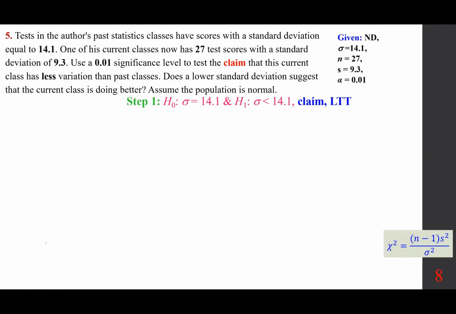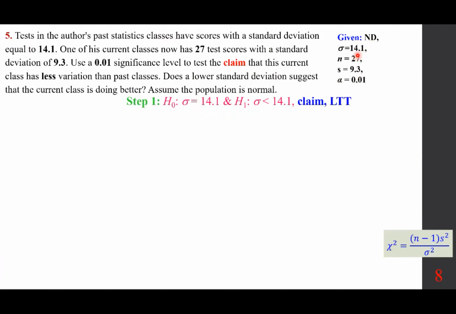The next step is the test statistic. And the test statistic for this is chi-squared equals n minus 1 times s squared over sigma squared. So the test statistic is calculated in this manner. We have all the information, plug in. That's why this given really comes in handy. You don't have to look for it again.